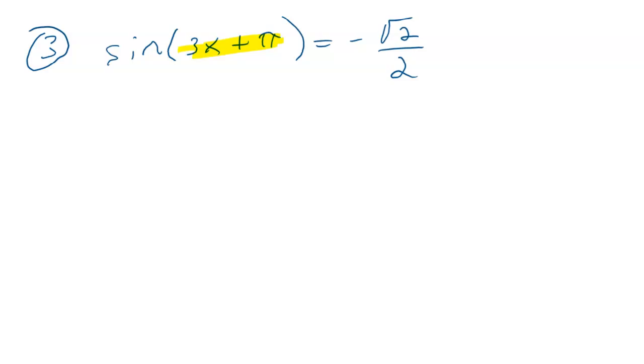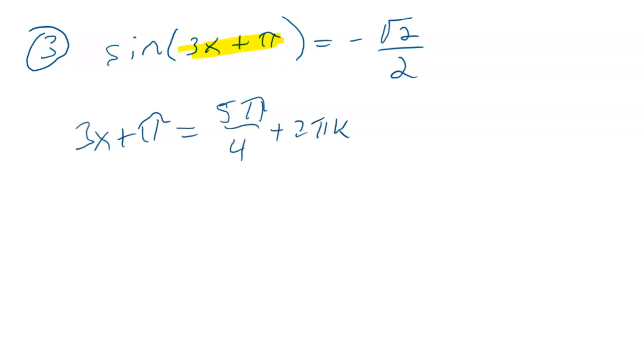Well, one of our pi over 4s is our reference angle, but where sine is negative, sine is the y value, which is negative in the third and fourth quadrant. So we want to look at where 3x plus pi is equal to 5 pi over 4 for the third quadrant. So 5 pi over 4 plus 2 pi k.